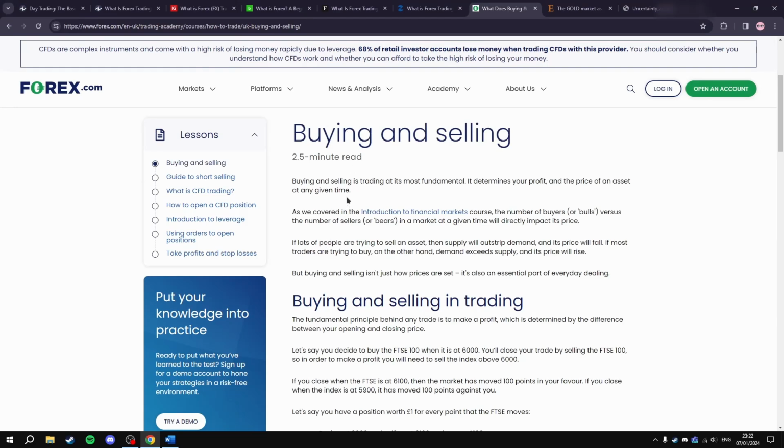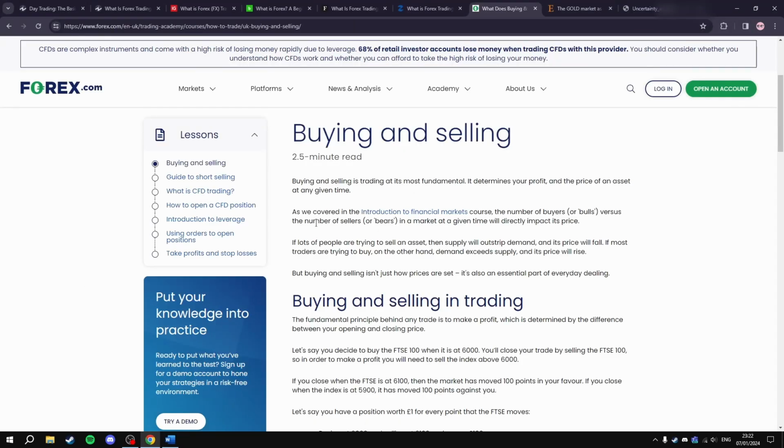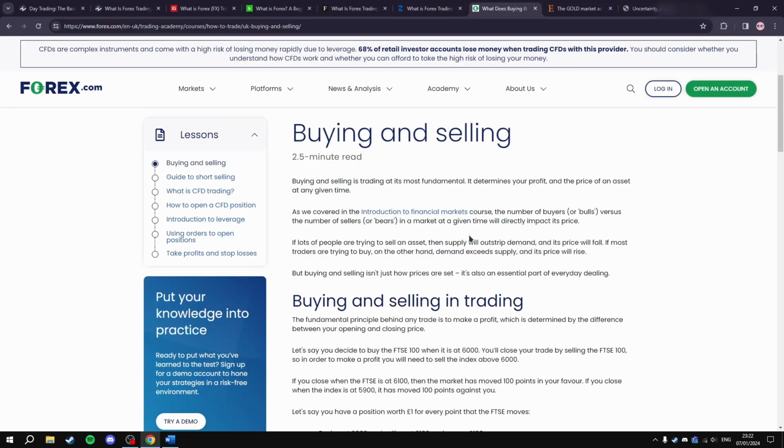Buying and selling. Buying and selling is trading at its most fundamental. It determines your profit and the price of an asset at any given time.